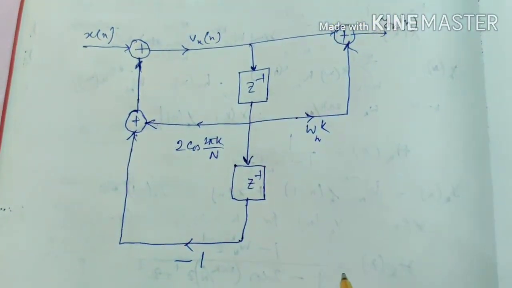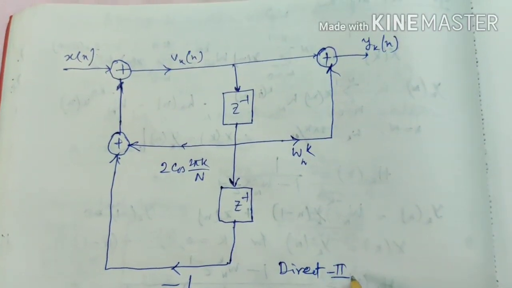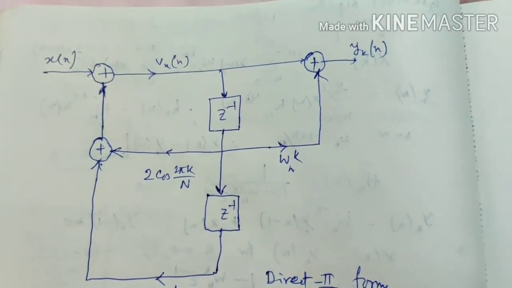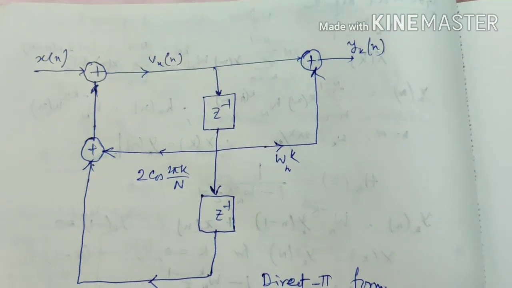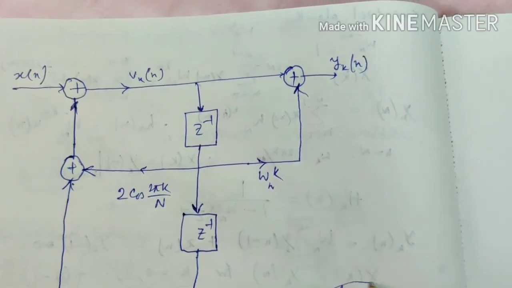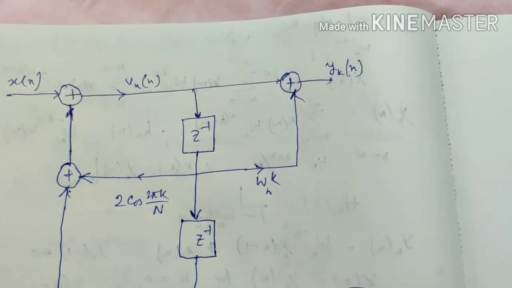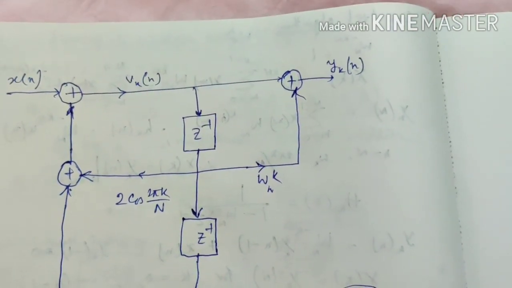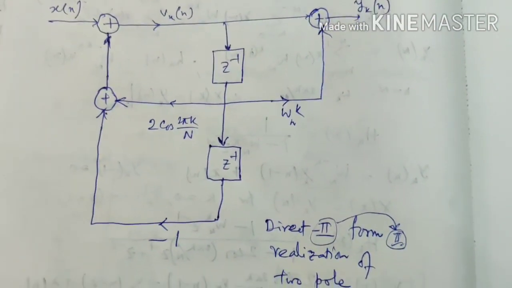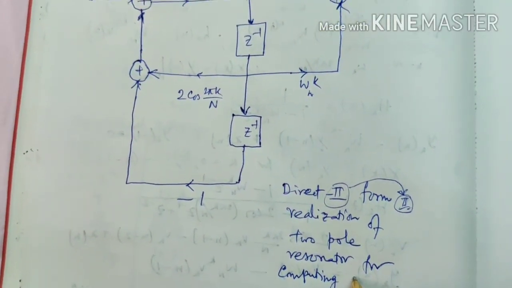So that is the direct form 2 realization, direct form 2 of the two-pole resonator for computing the DFT.